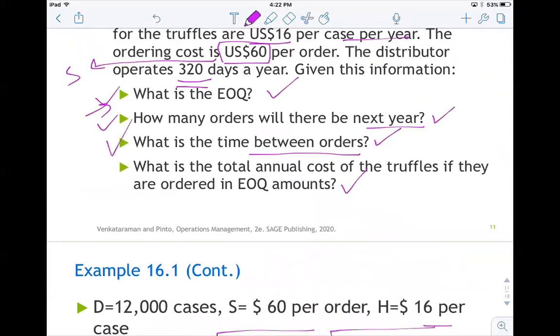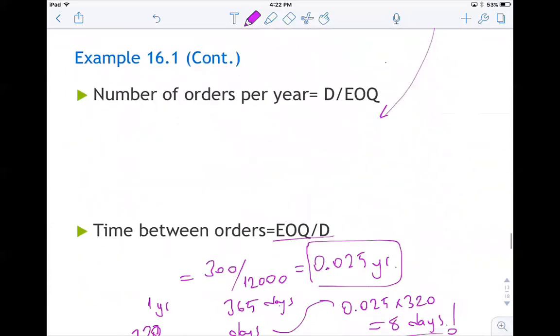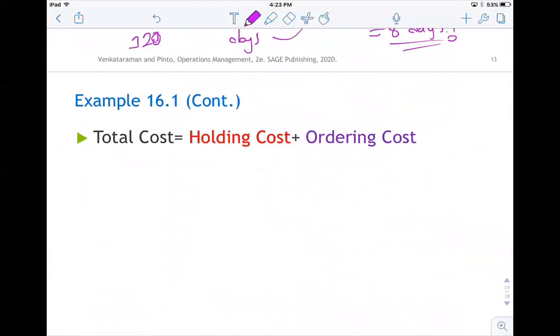We did that, and now the question is, what is the total annual cost of the truffles if they're ordered in EOQ amounts? We have space here, so remember, in the total cost we have the holding cost and the ordering cost. Our holding cost is, remember, our average inventory, which is just Q star divided by 2, just to indicate that we are running the EOQ operation, times my holding cost, plus my ordering cost.